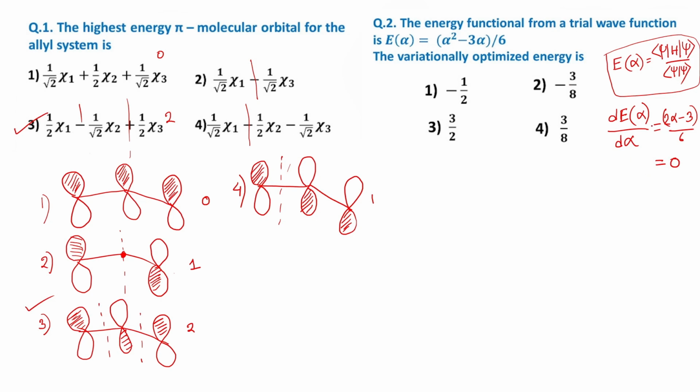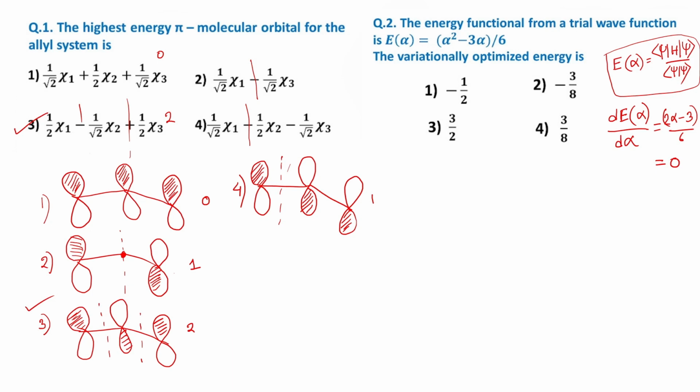You know why we put dE by d alpha equal to 0? Why should this derivative be 0 for alpha to be at the maximum? Actually, this is nothing but the slope, right?